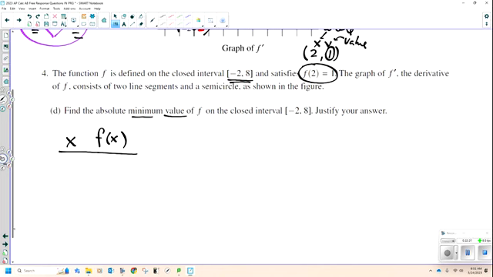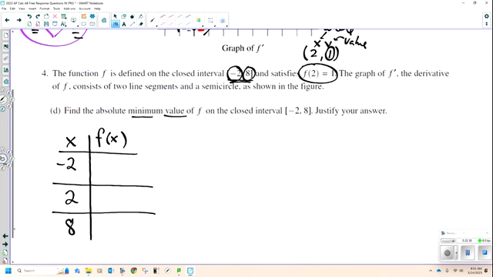Our two endpoints are at -2 and 8. And we know 2 is a min value based on our graph. And what's given to us is the coordinate 2, 1. So right now we're going to check, is there anything lower than this? Is this y value going to be lower? I don't know. That's what we've got to figure out right now.